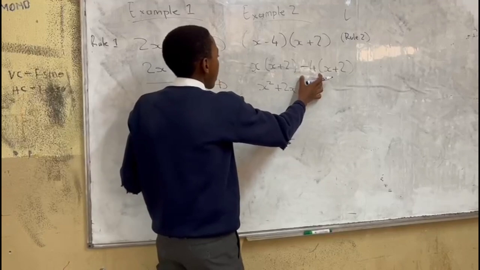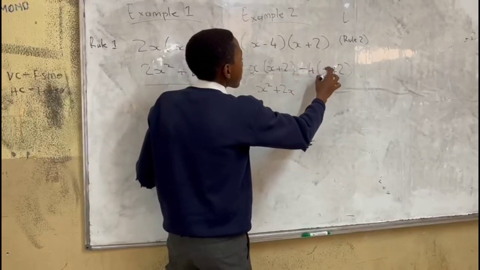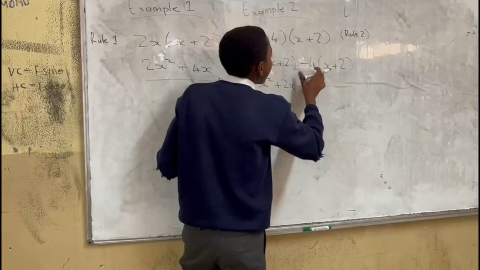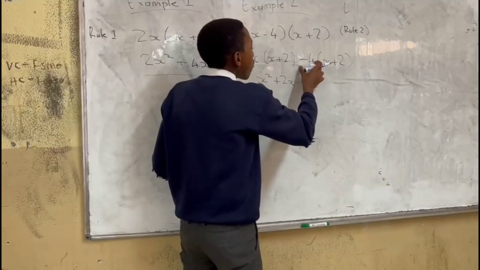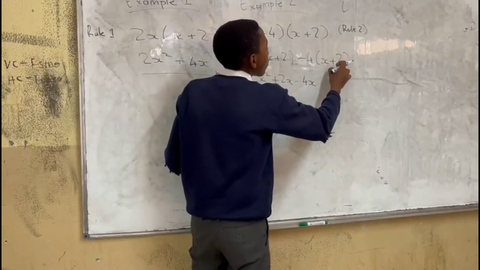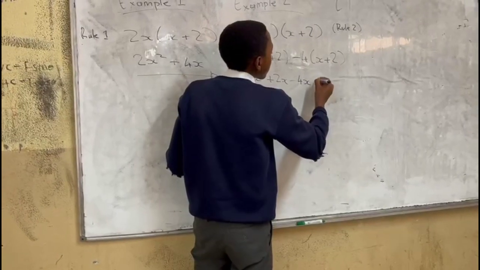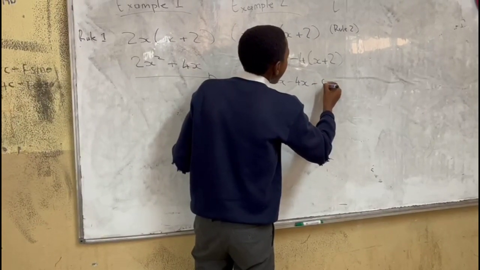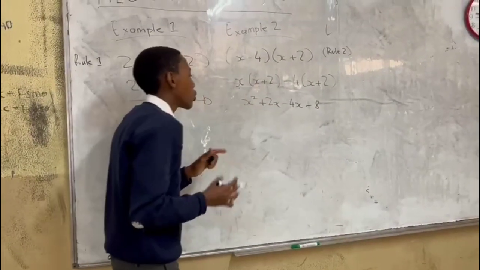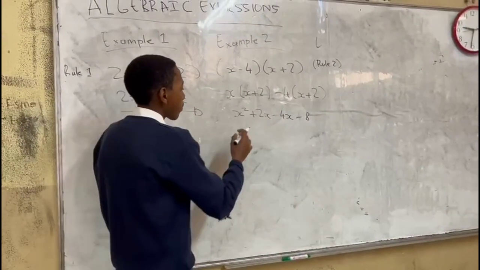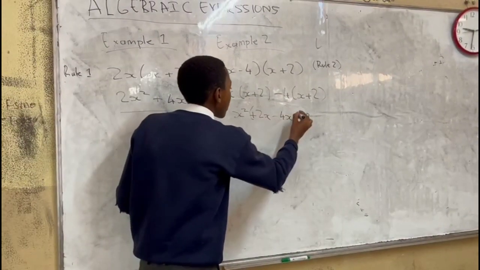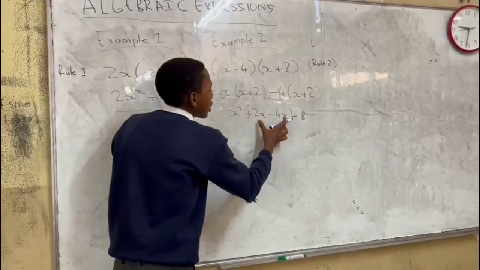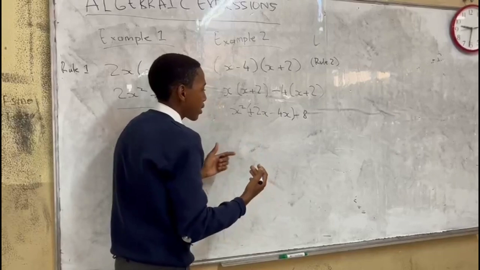Then we go to the other side. Negative 4 times positive x gives us negative 4x. Then we go to the other side. Negative 4 times positive 2, which is negative 8. So since these are like terms, they are going to cancel each other, if you catch my drift.